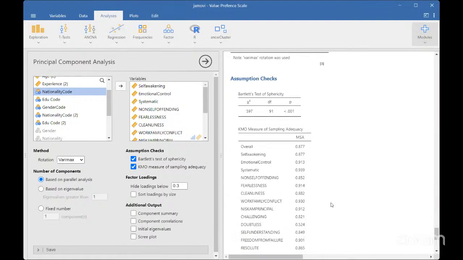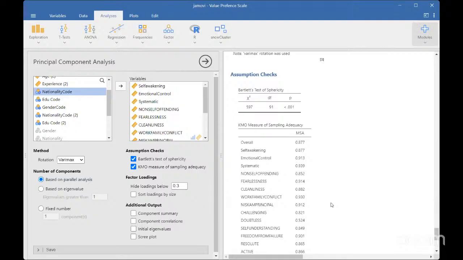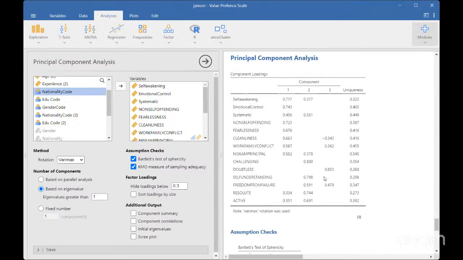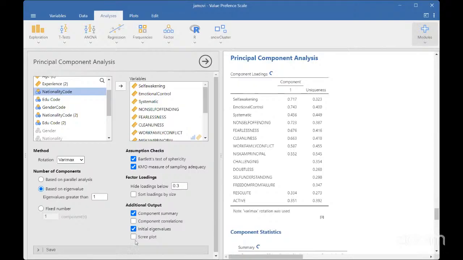Here you have written number of components that will be based on eigenvalue. You click that one. And the additional output: component summary, component correlation, not it. Initial eigenvalues and scree plot.